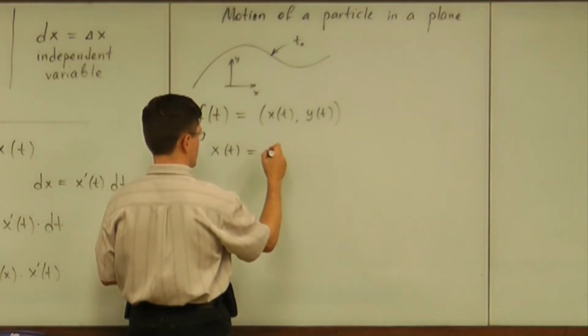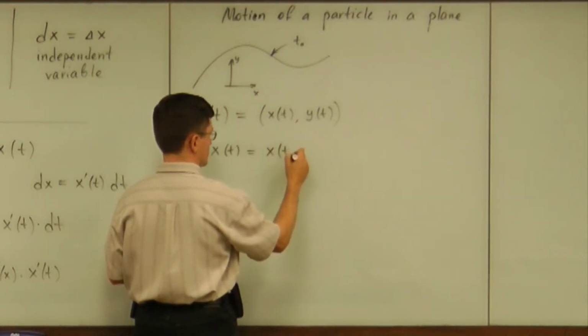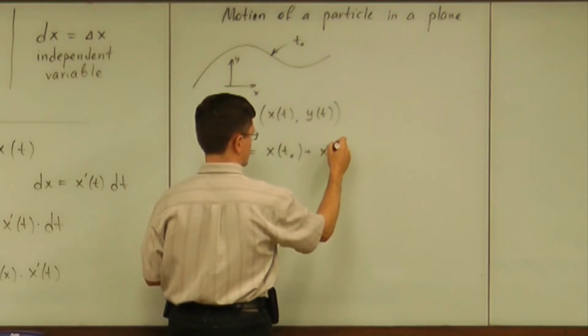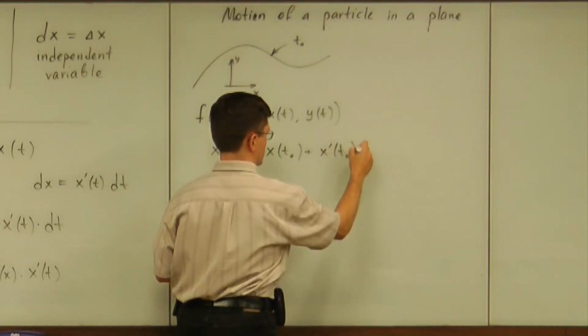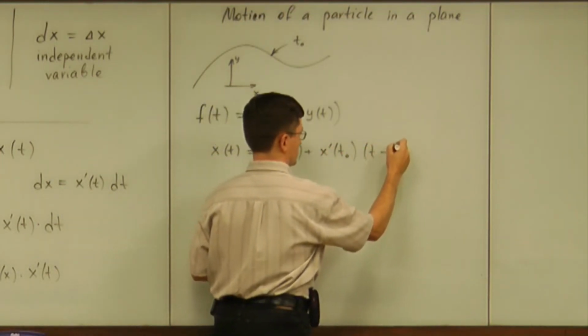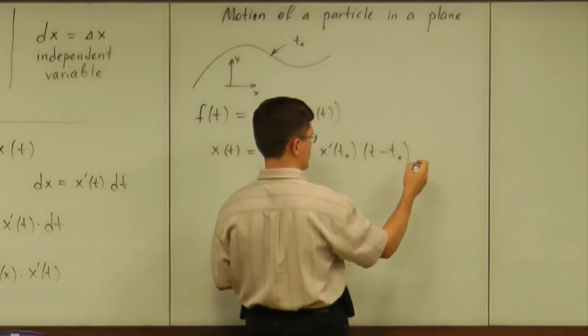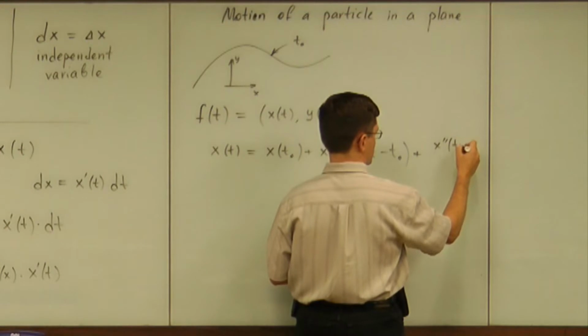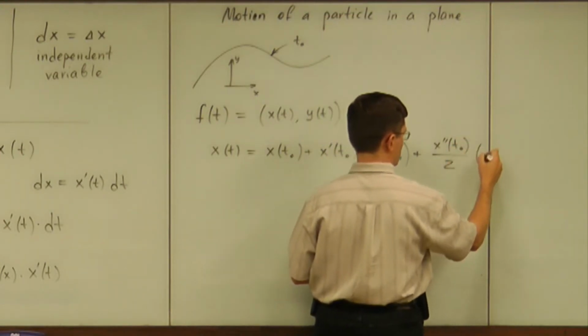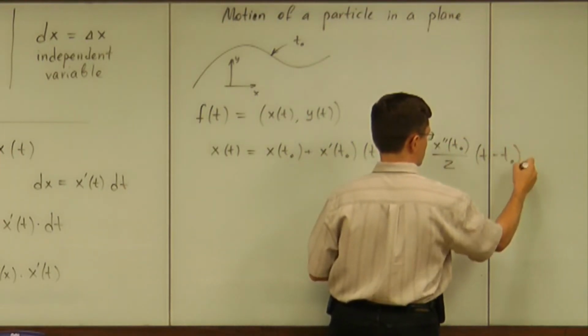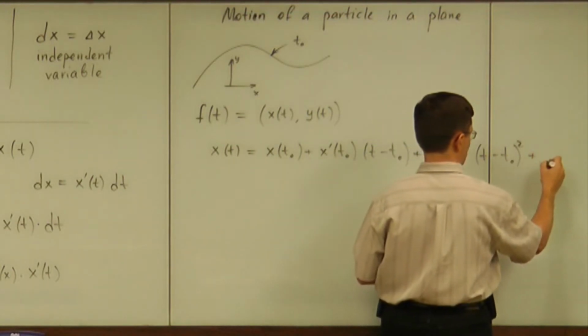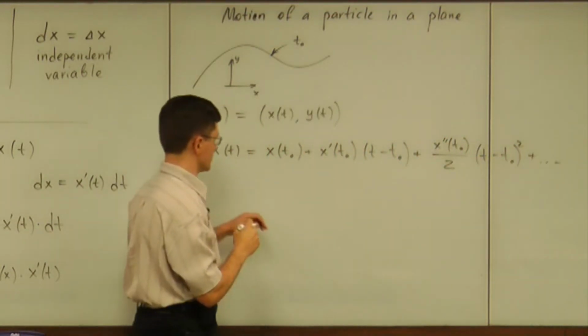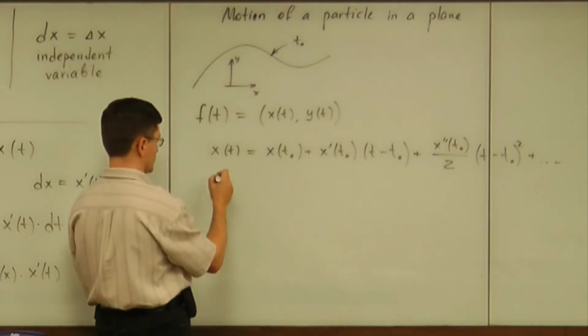And then x of t is x of t0 plus x prime of t0 times t minus t0. That's the first degree Taylor term, plus x double prime of t0 over 2 times t minus t0 squared. And of course there are more terms to make the equality happen.